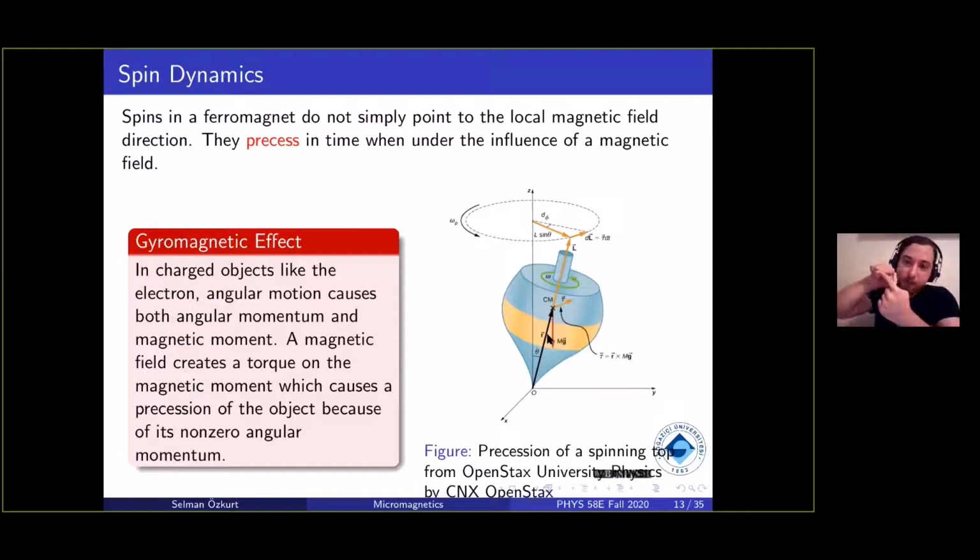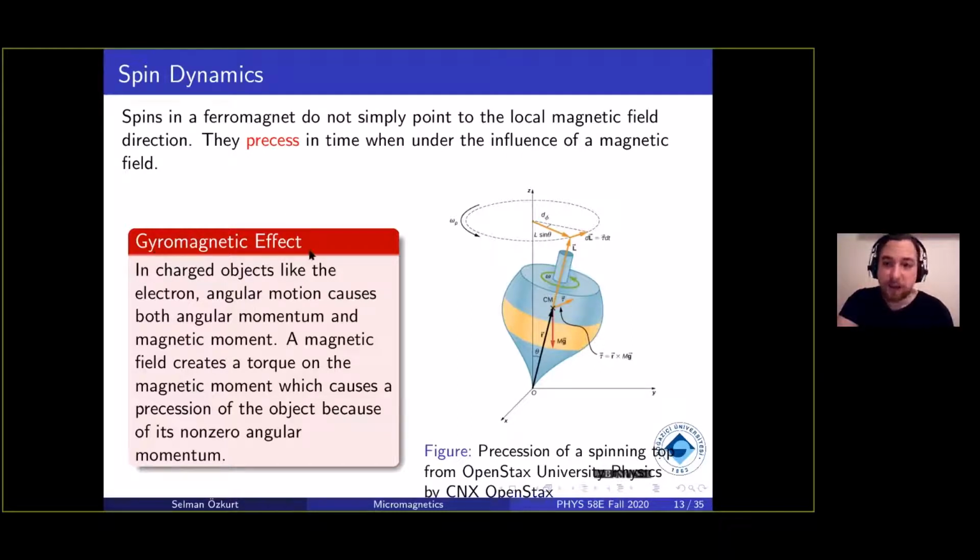Therefore, instead of changing the magnitude of the angular momentum, it just makes the angular momentum revolve around the z-axis here. Because it is also the torque, so the change in angular momentum is also perpendicular to z, it never approaches z, it just keeps precessing. This is a very simple physical example, but it manifests itself as the primary reason of spin dynamics behavior.